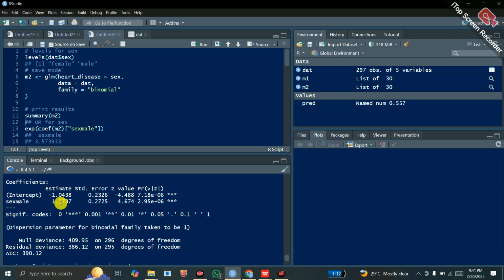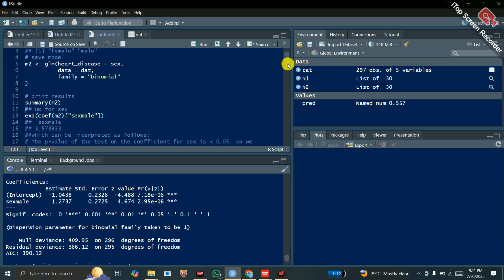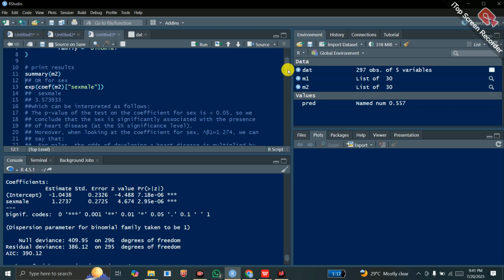First of all, we would like to see the p-value of the coefficient for sex, which is very much less than 0.05, so we conclude that sex is significantly associated with the presence of heart disease at the 5% significance level.